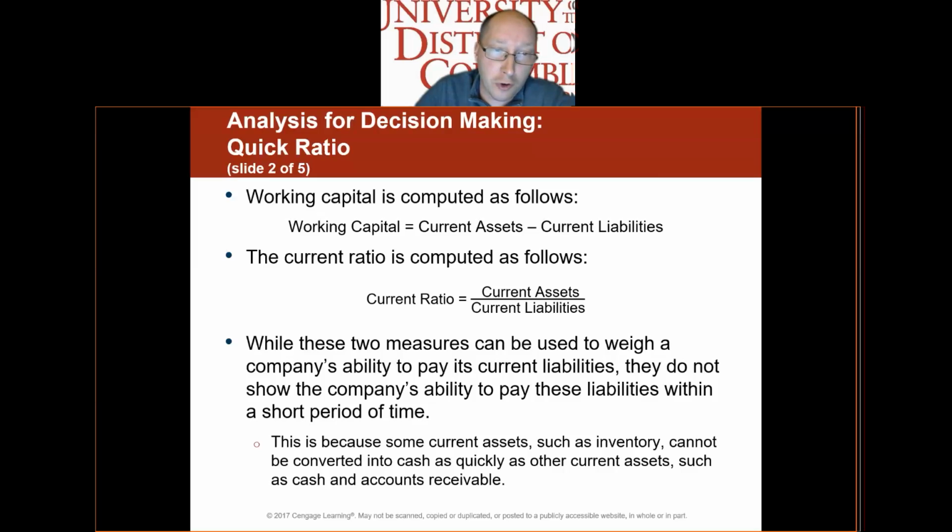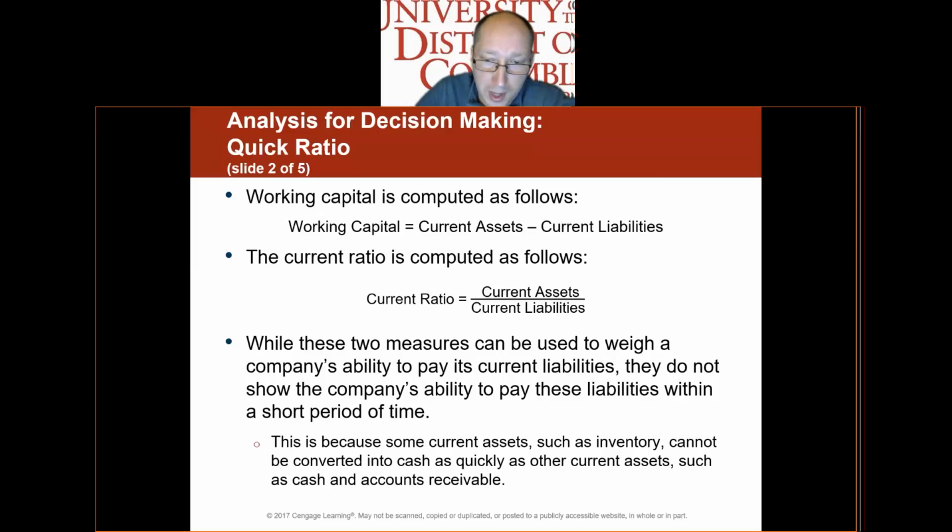Next ratio, current ratio. This is current assets divided by current liabilities. These two ratios can be used to weigh a company's ability to pay its current liabilities. In other words, I could look at these two ratios to reasonably determine the company's ability to repay its current liabilities within 12 months.